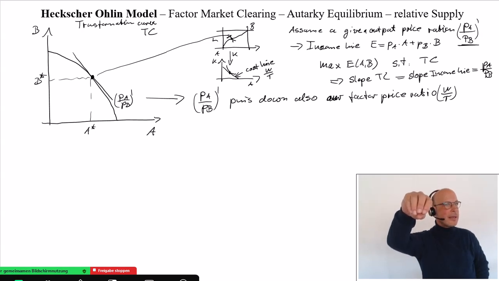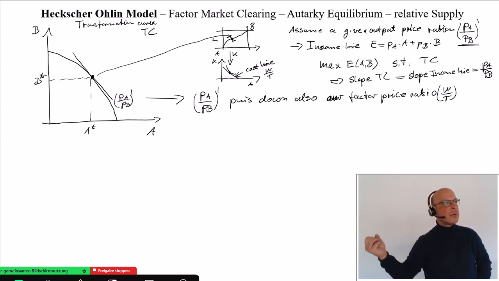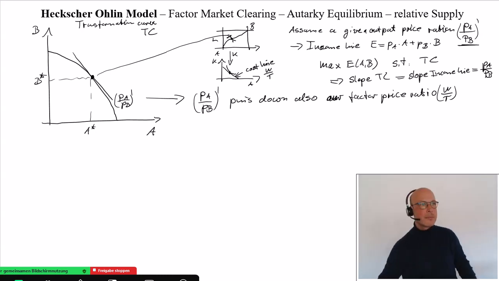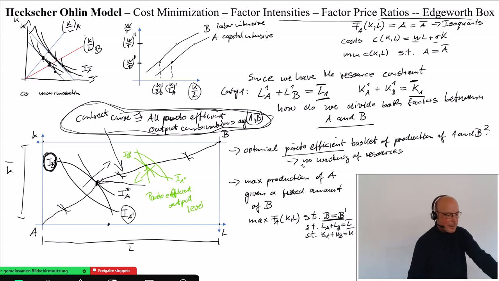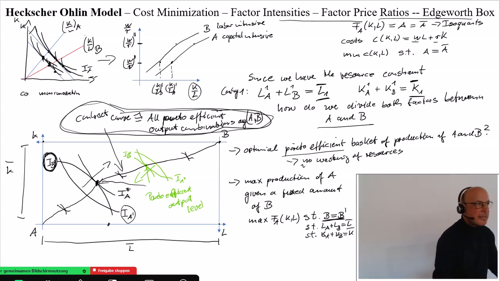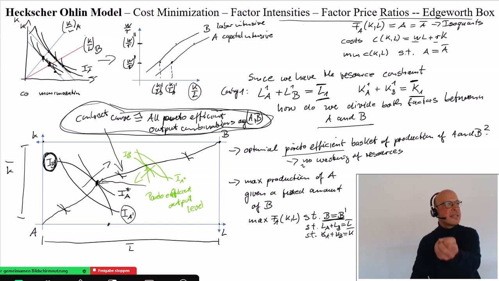And from cost minimization, these slopes have to also coincide with a specific factor price ratio W over R. And now the last one, from this to this, we also have argued that this cost minimization also gives us a specific capital over labor ratio.